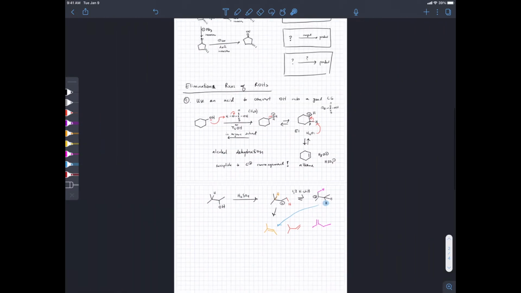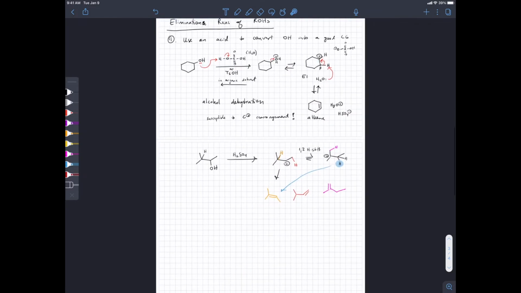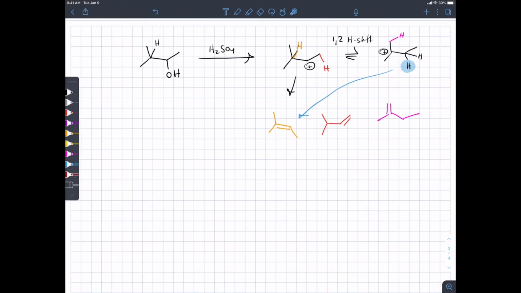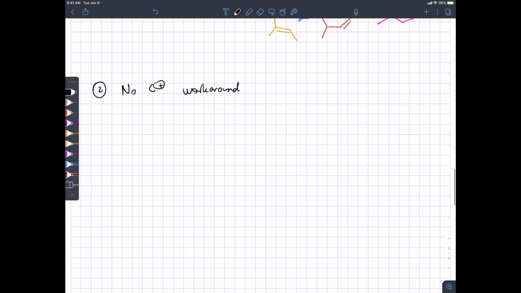Okay, so if we want to avoid carbocation rearrangement in our elimination reactions, we do have a workaround, and that's the no carbocation workaround. I'm going to introduce a new reagent, but we will not worry about the mechanism other than to say that it is E2 because there's no carbocation.